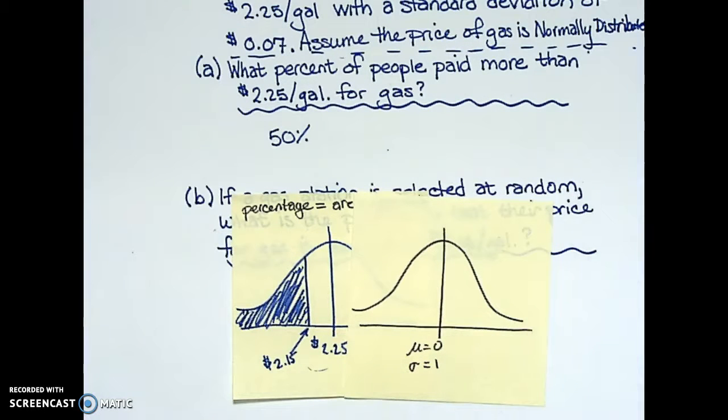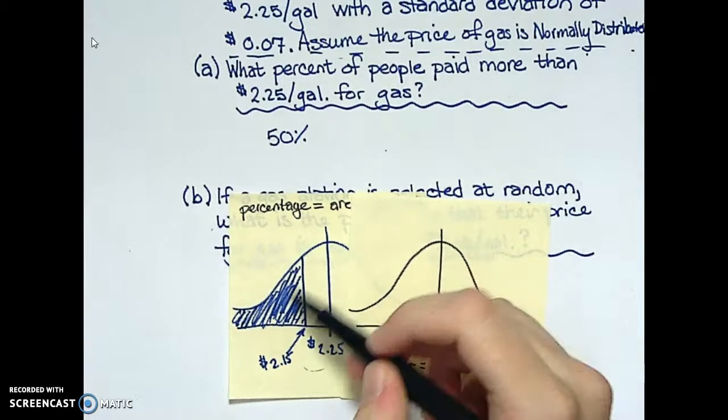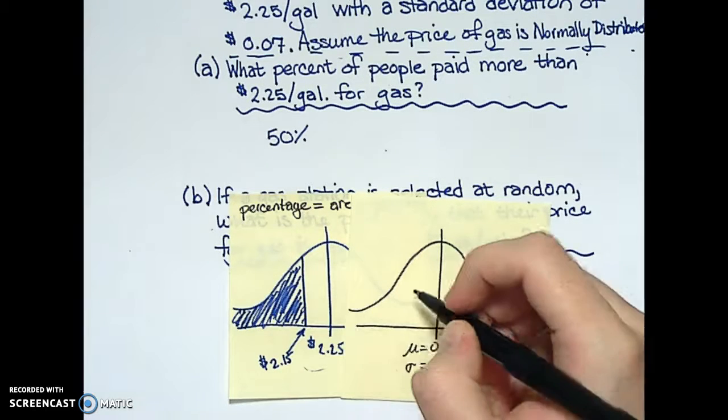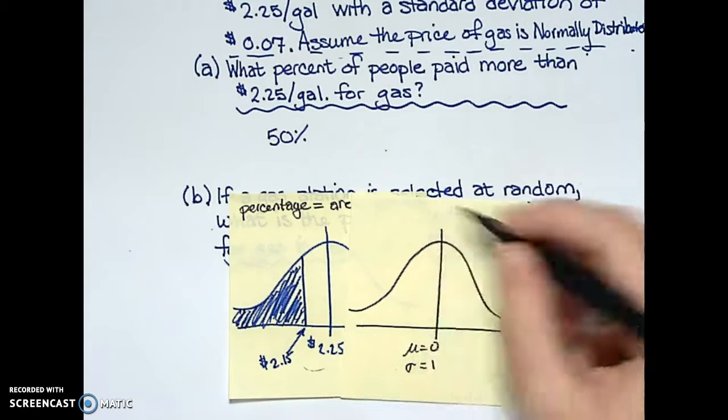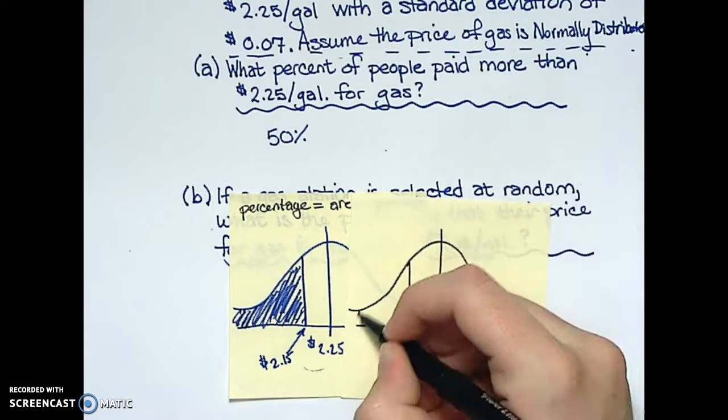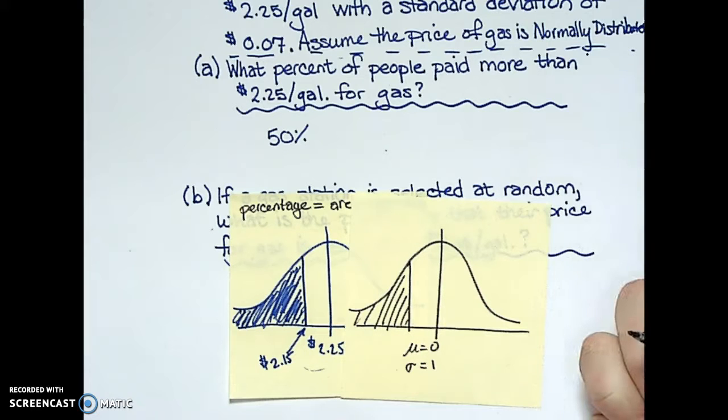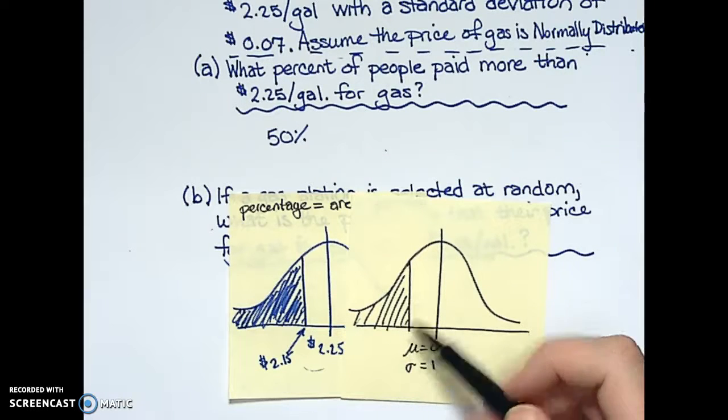Recall that the standard normal curve is the normal curve with an average of 0 and a standard deviation of 1. So instead of calculating the specific area for a specific example, we relate our curve to the standard normal curve, and then we calculate the area underneath the standard normal curve, which will be the same.